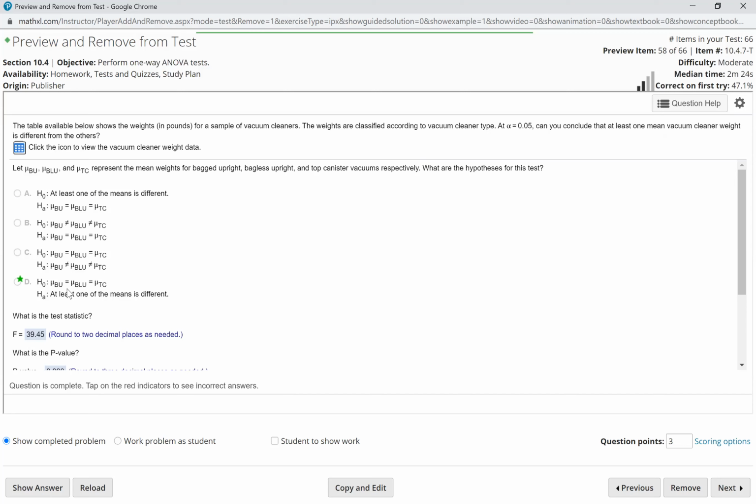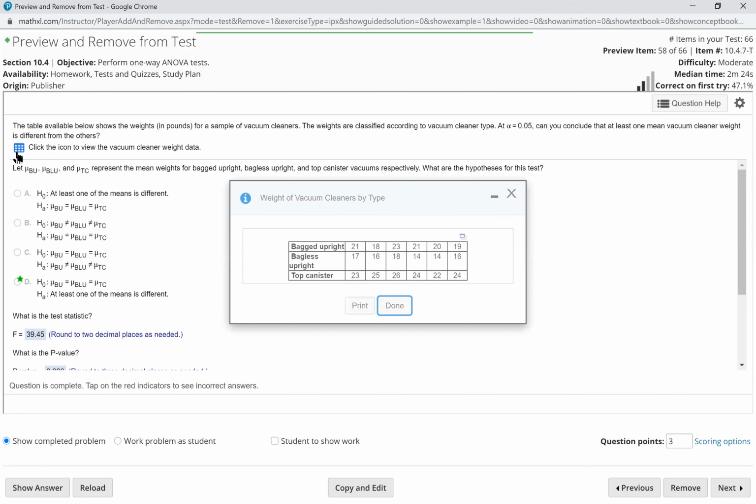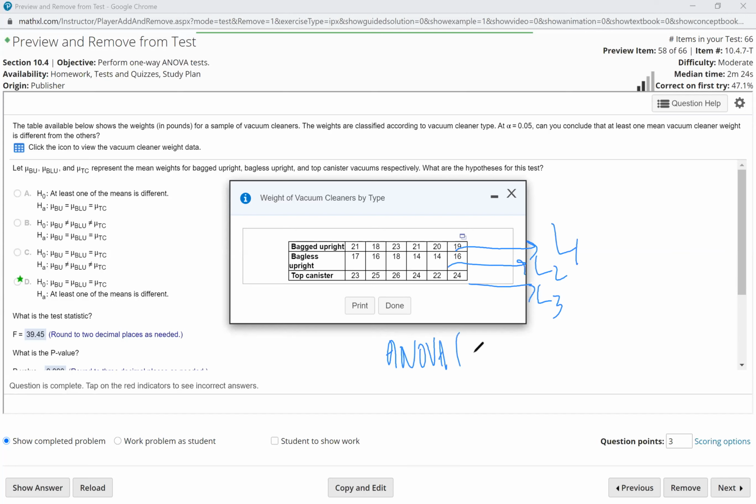How do you run the test? Let me just draw. So this data here goes to L1, L2, L3, and then you go to ANOVA. This is the last test on your calculator: L1, L2, L3.